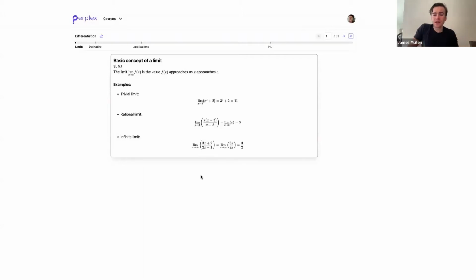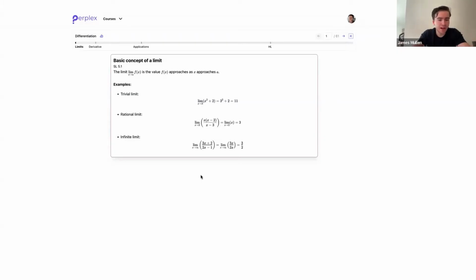And we're going to start by talking about the basic concept of a limit, because we need limits to formalize our understanding of what happens with derivatives. Limits look like a fancy thing, and it's basically nothing more than a fancy notation of asking the question, what happens to the function as I get close to a particular point? Because there are going to be some functions that, and we've seen these before, are undefined at specific points.